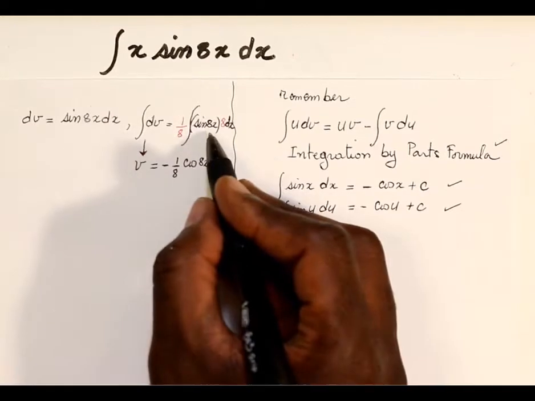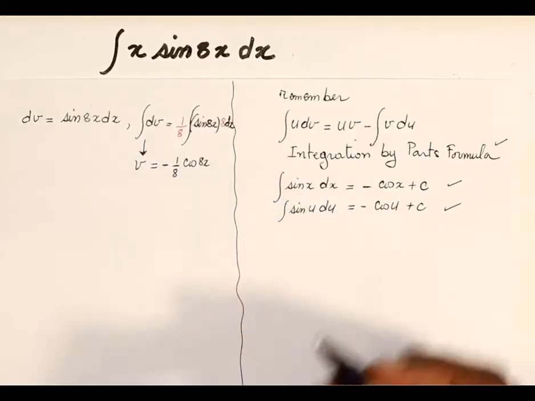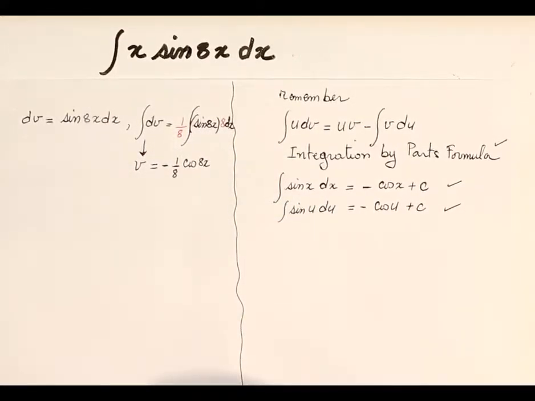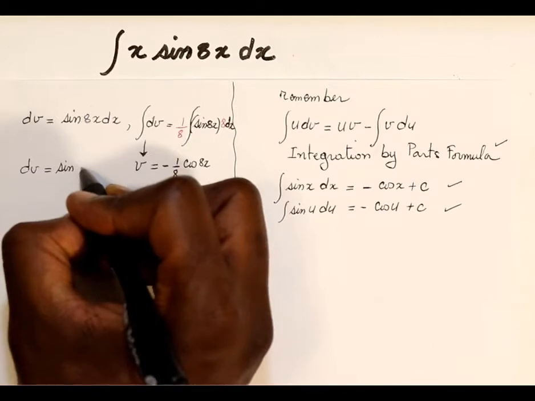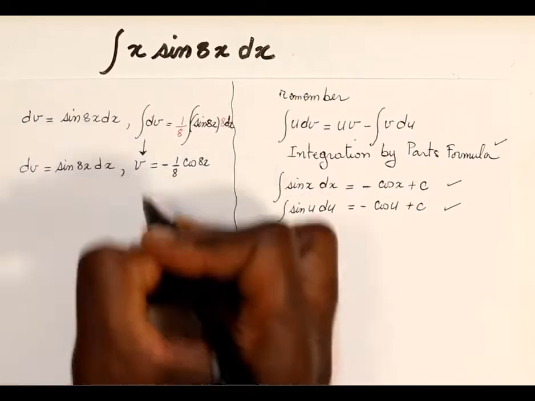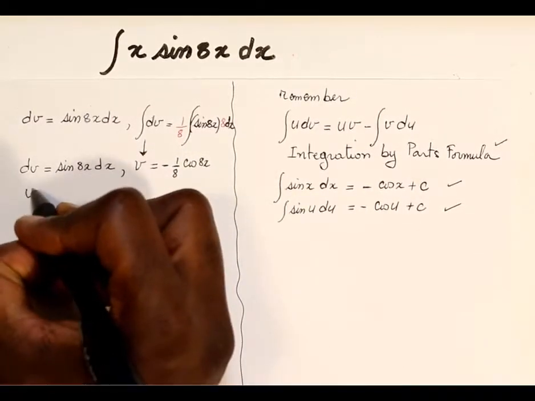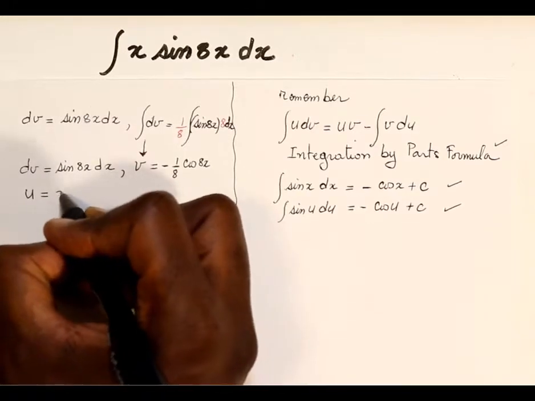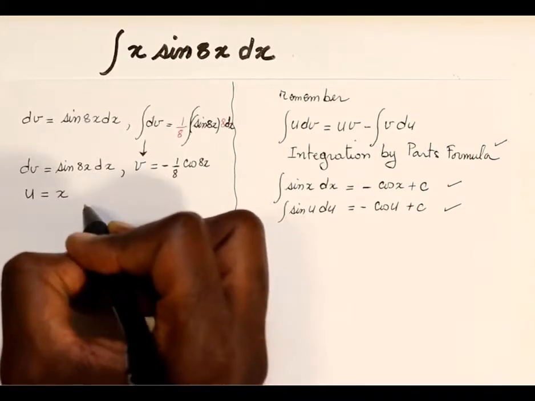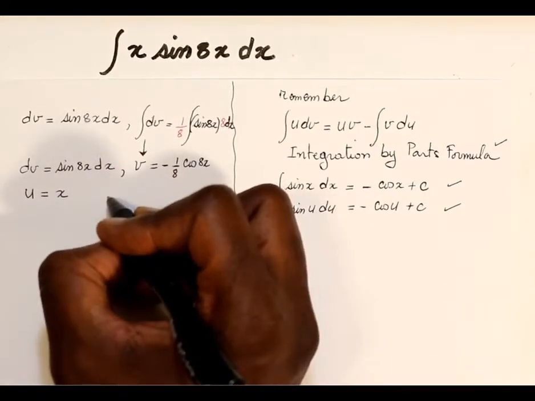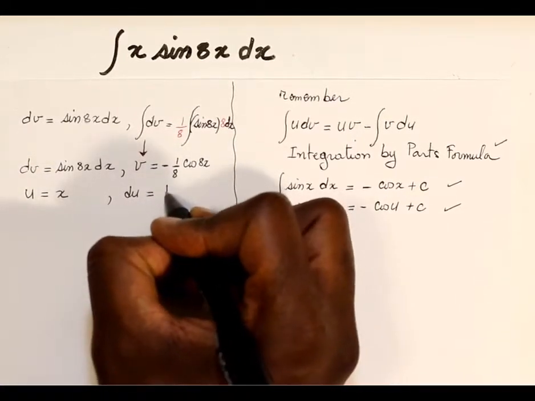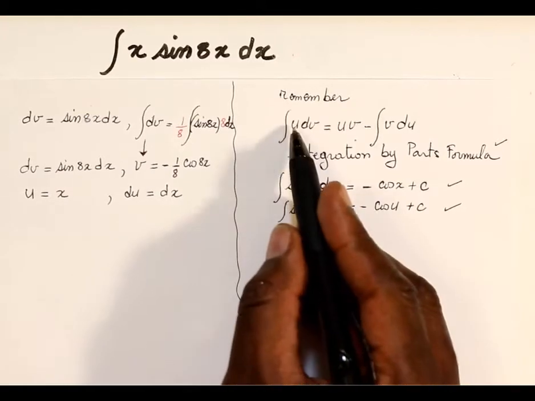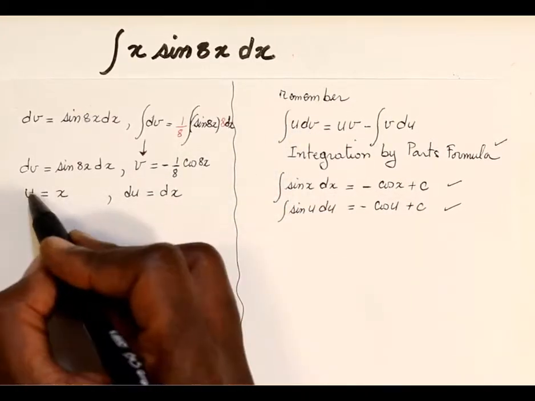So dv is equal to sine 8x dx, and v is equal to negative 1/8 cosine 8x. u is easier. u is equal to x, therefore du is equal to 1 dx. du is equal to dx.